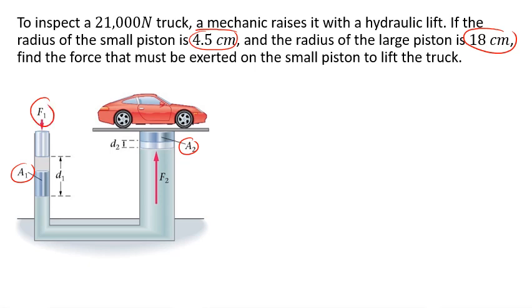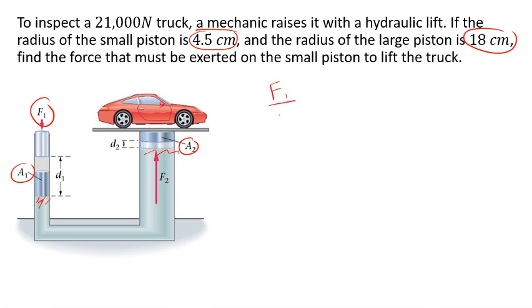Pascal's principle says if you apply a pressure onto the liquid, it will transmit to every point in the liquid. So if you apply a pressure at this end, that pressure will transmit to the other end. And the pressure is given by force divided by area.